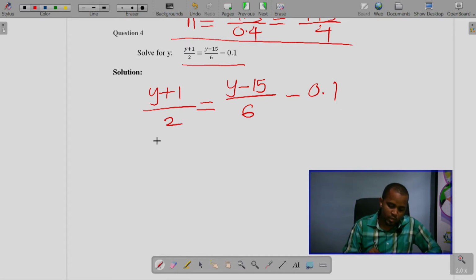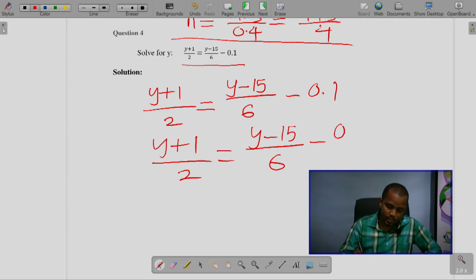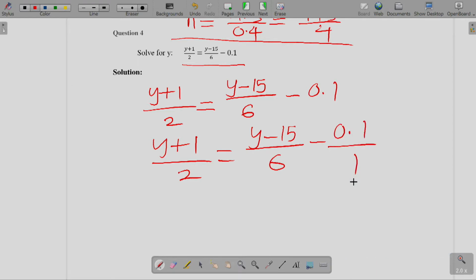This equation also can be written in this form: (y minus 15) out of 6 minus 0.1 out of 1.